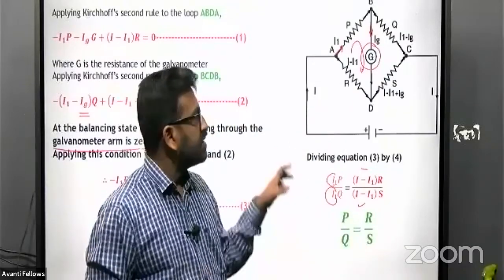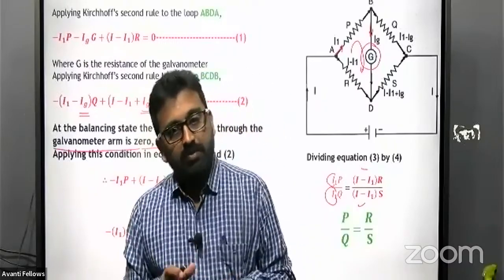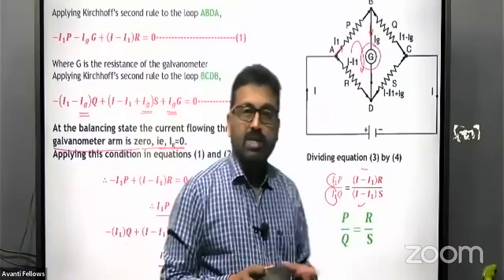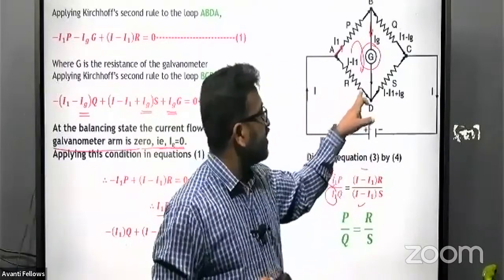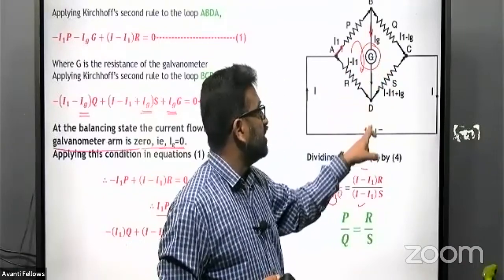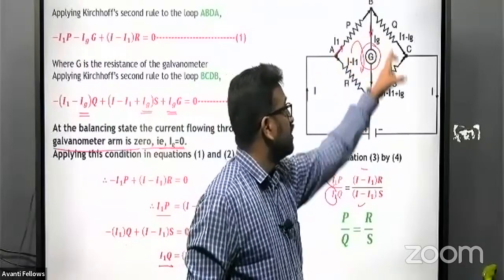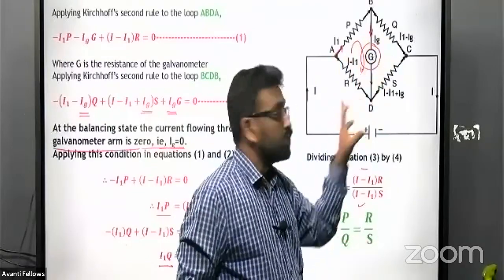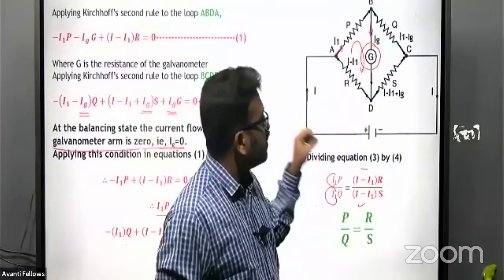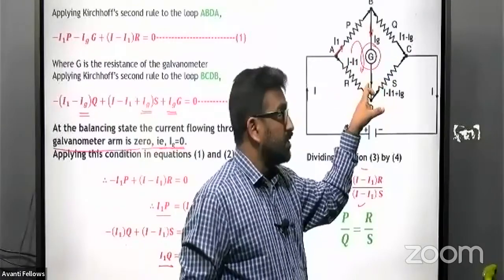The reason is that in all other devices, like Ohm's law, whenever we measure voltage and current, there is a current flowing through the device. Here, we arrive at a null deflection condition, which means no current is drawn from the cell. The bridge is balanced and the galvanometer shows null deflection, so there is no current through it.